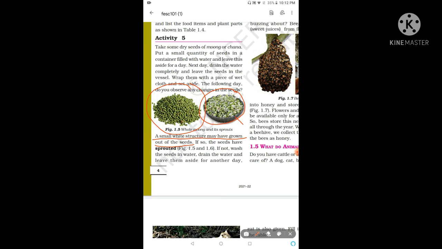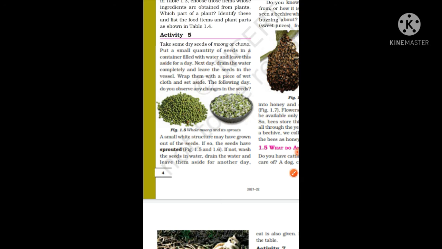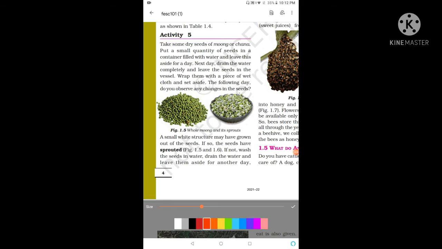So these were called seeds of chana or moong, right? So a small white structure may have grown out of seeds.